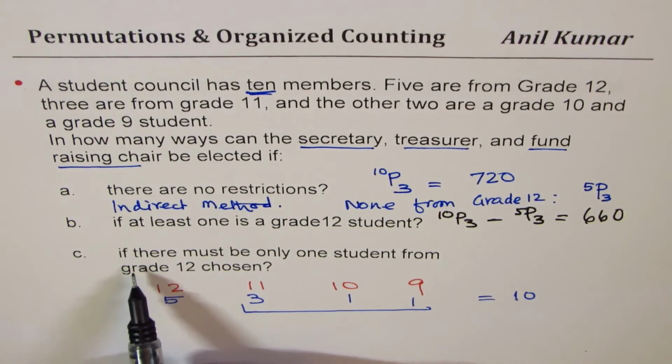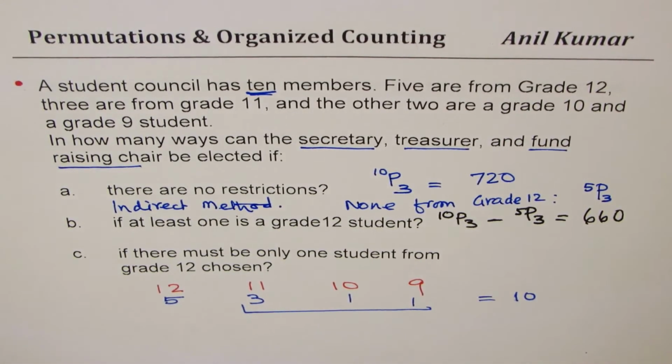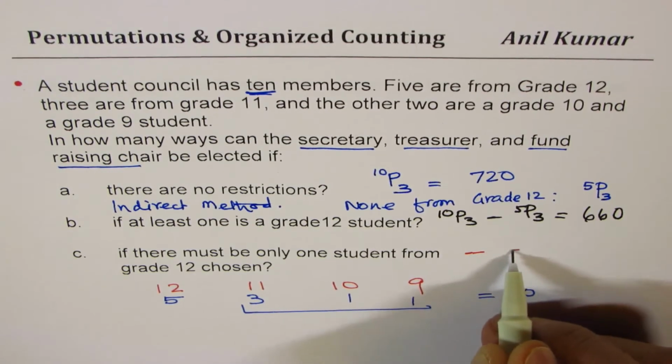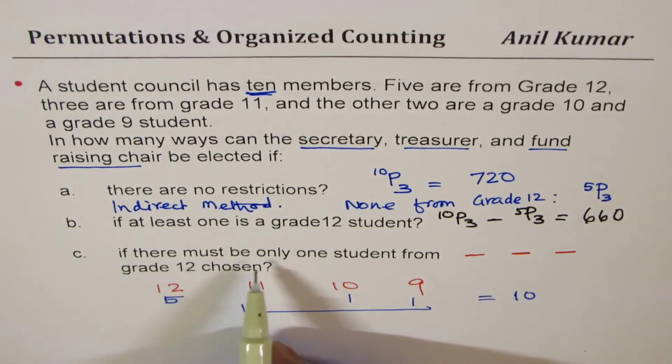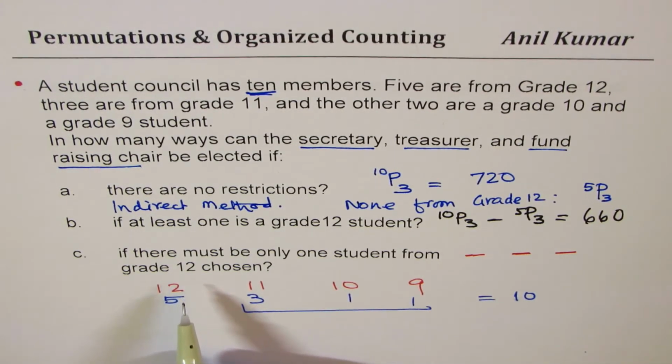Part C is, if there must be only one student from grade 12, only one student from grade 12. Now this is an extremely important part. So we have three different positions. Do you see that? If there must be only one student from grade 12, then how are you going to do it?